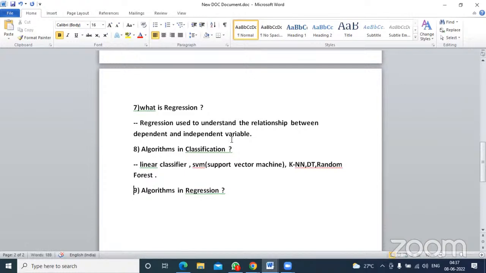Some of our friends are giving answers. So it's right. Linear regression. Then there is logistic. Polynomial is there.